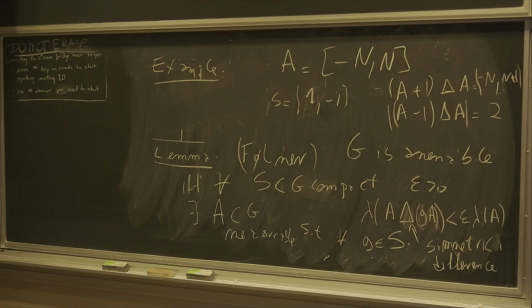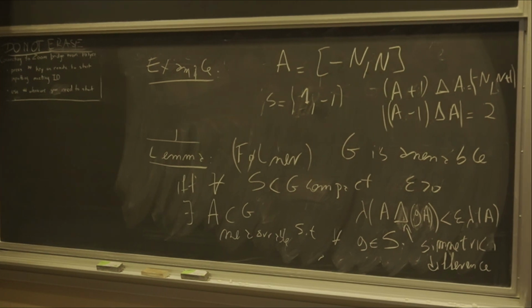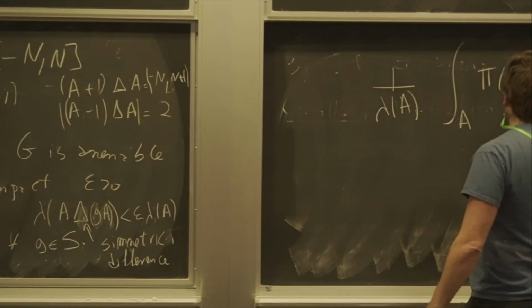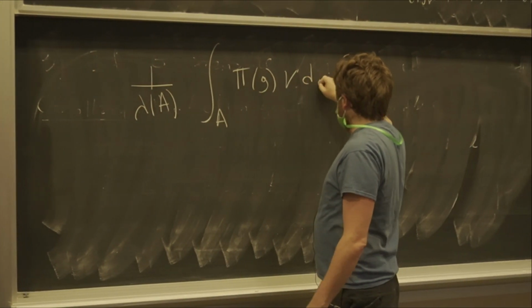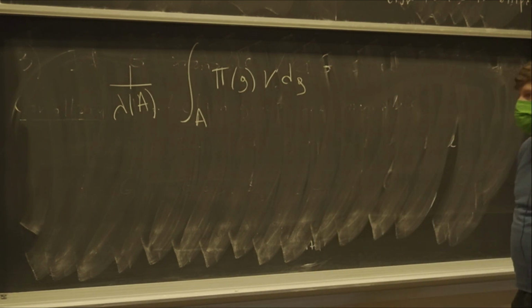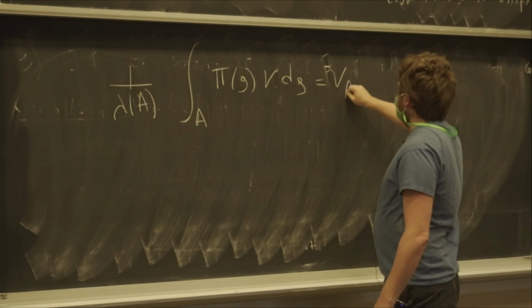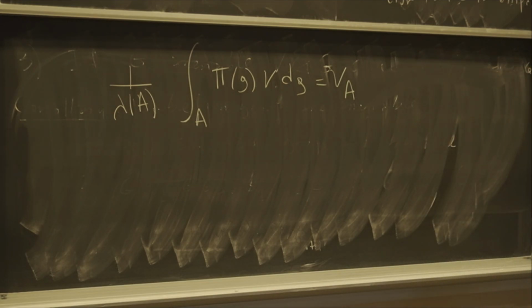And then when you have something like this, your averaging method would be, you take these guys, and these will produce an almost invariant vector.